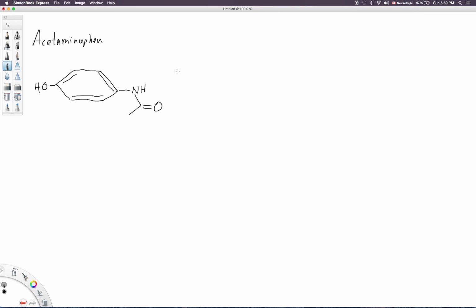Okay, so what happens with acetaminophen is there is a reaction that involves an enzyme. The enzyme up top is going to be UGT. Remember, that's a transferase enzyme. And I'm also going to have my co-substrate, UDP, because that's what's being turned into the glucuronic acid, the glucuronide conjugate.